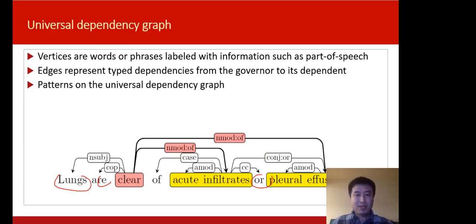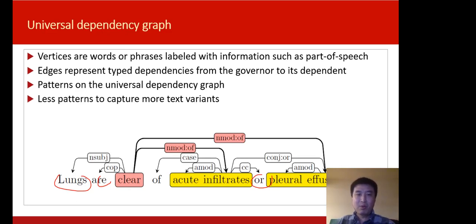Then we know that both acute infiltrates and pleural effusions are negative mentions or negative findings in this sentence. Through this process, we can distinguish the positive and negative and uncertain findings.